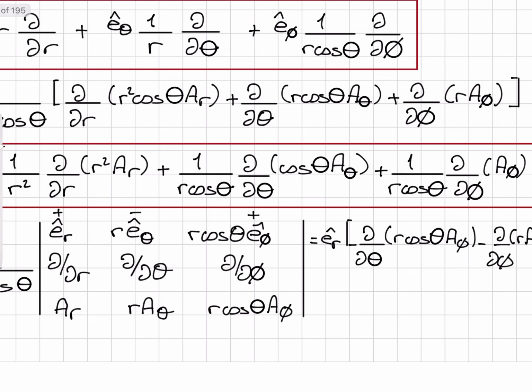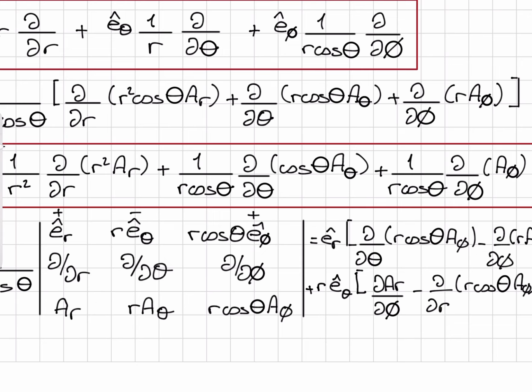So we have plus r e theta hat, del A_r del phi minus del del r of r cosine theta A phi.